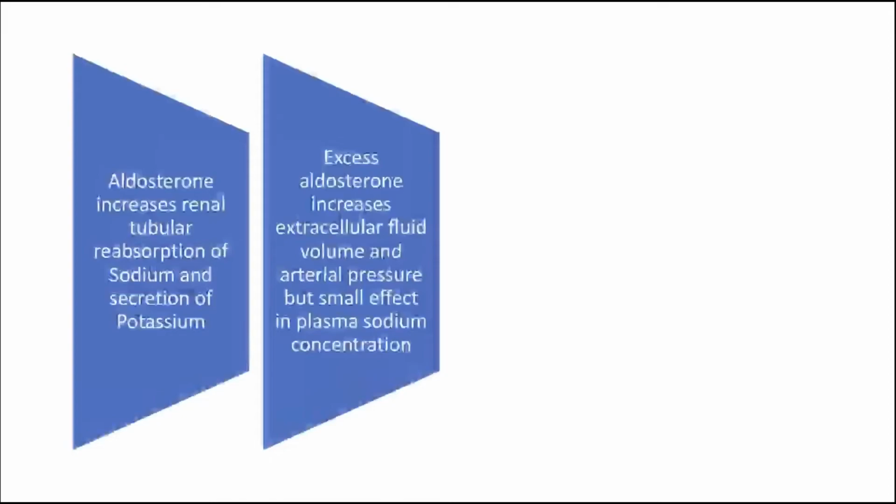Whenever there is excess aldosterone, that increased water will increase the extracellular fluid volume and ultimately increase the blood pressure. But excess aldosterone has only a small effect on the plasma sodium ion concentration, because if the aldosterone level remains elevated for a few days, there will be pressure natriuresis favoring sodium ion excretion in the urine, so that the sodium ion concentration remains normal.